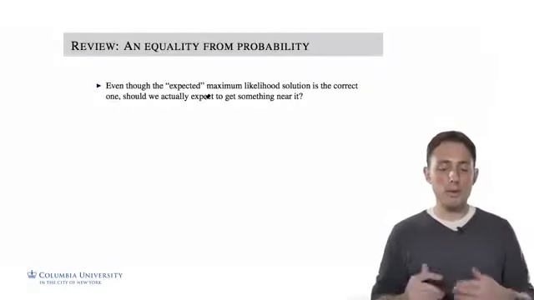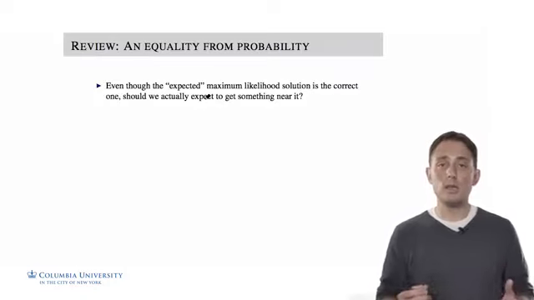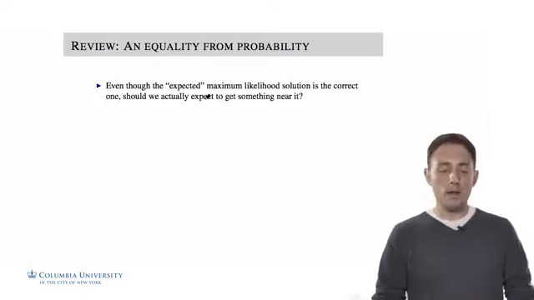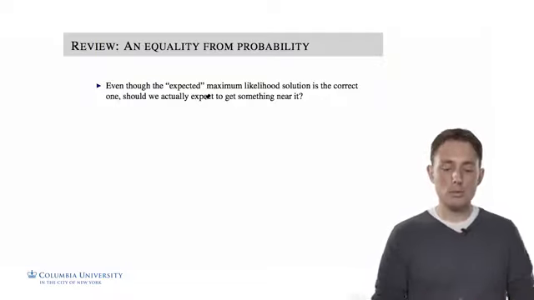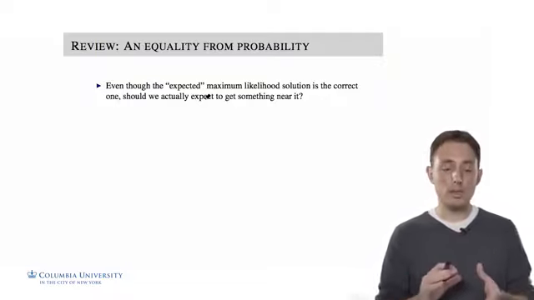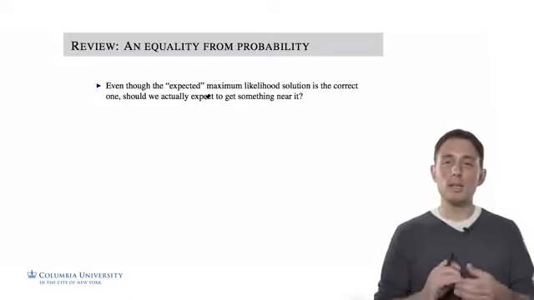Okay, so it's great that with maximum likelihood for this problem, the expected solution is the true solution. But even though the expected, in quotes, maximum likelihood solution is the correct one, should we actually expect to see something near that value?